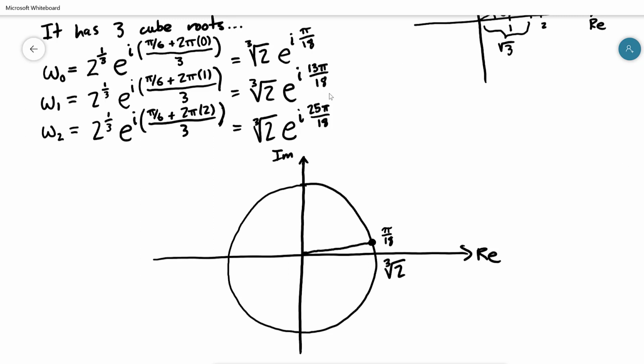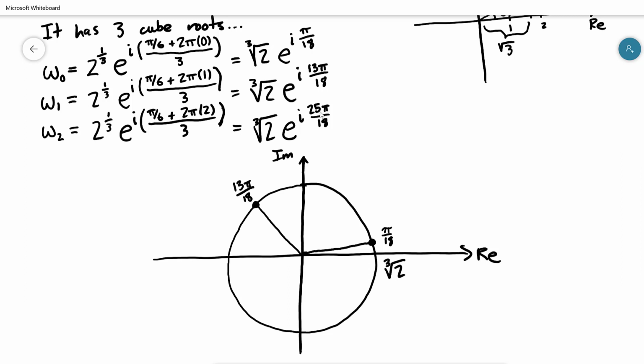The next angle is at 13 pi over 18. This direction, 180 degrees, would be the same as pi, so 18 pi over 18. If I'm only going 13 pi over 18, that's going to be somewhere up in basically this vicinity. So that angle right there is the 13 pi over 18.